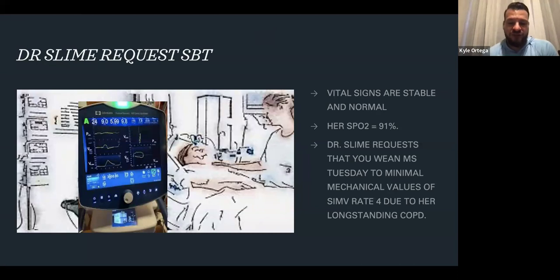I just made up some good parameters that we would get. So from her values, for her RSBI, I got 45. Vital capacity is over a liter. Her NIF's -30. SpO2 is holding at 92%, and then end-tidal reading 50%. So we are looking good.